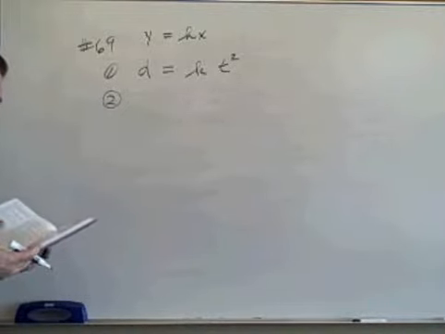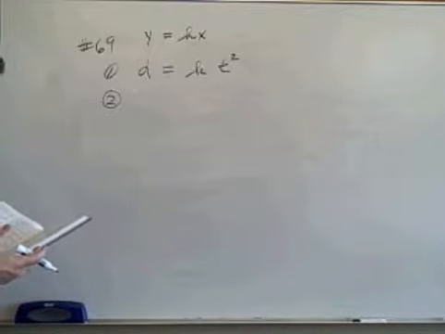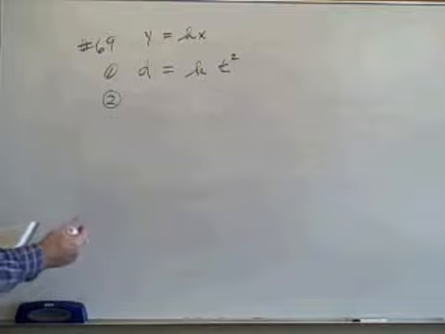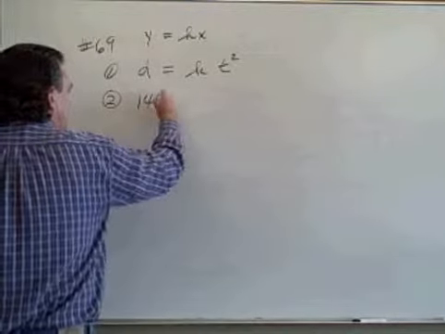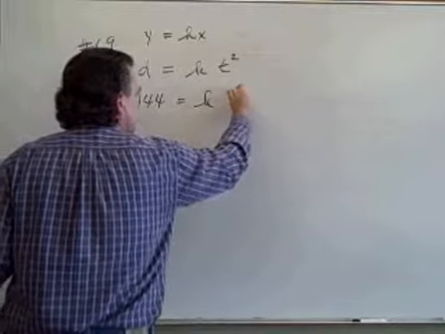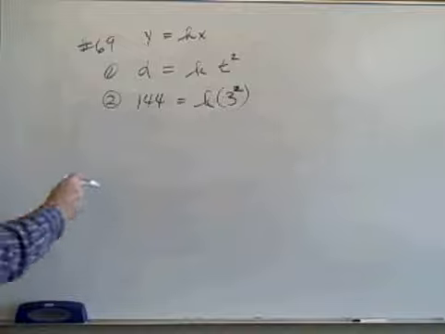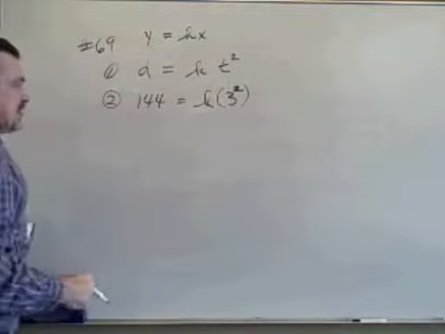So it says, if skydivers fall 144 feet in 3 seconds, so the distance they fall is 144 feet in 3 seconds. So the distance was 144, the time is 3.